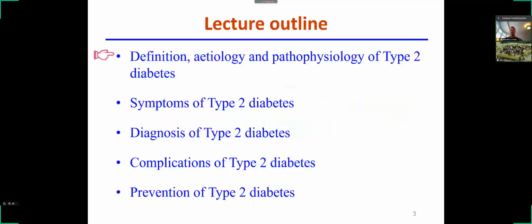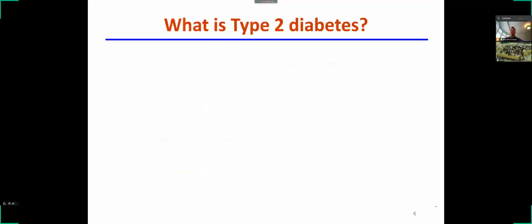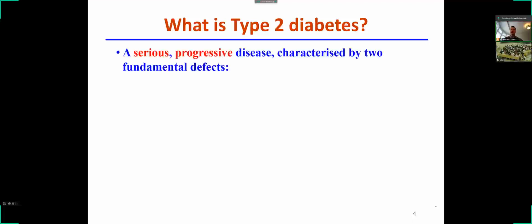So, what is type 2 diabetes? We want to understand what causes it. It's a serious progressive disease characterized by two fundamental defects and a combination of these defects.